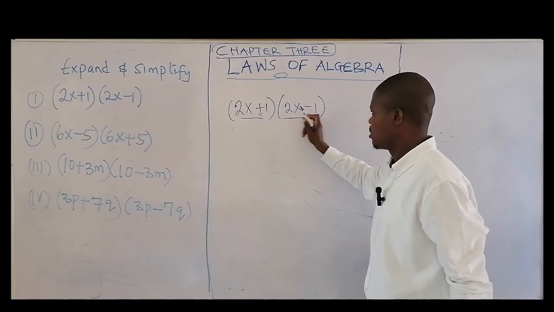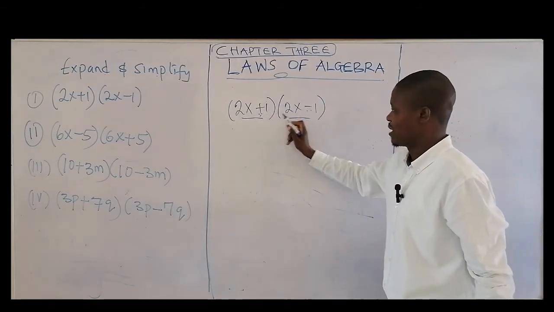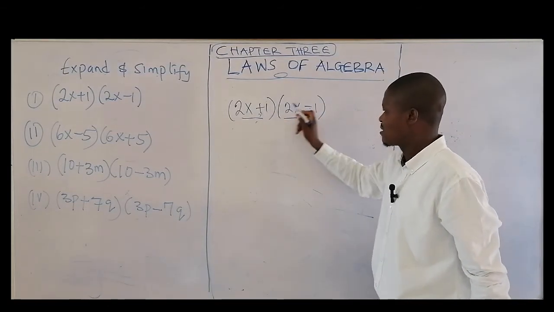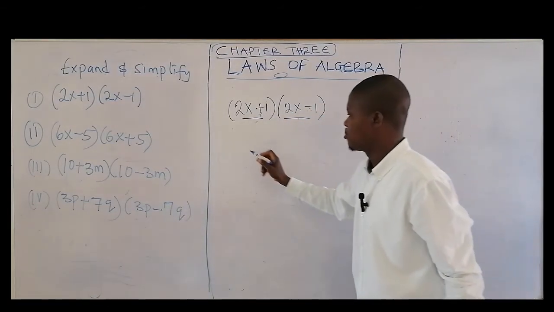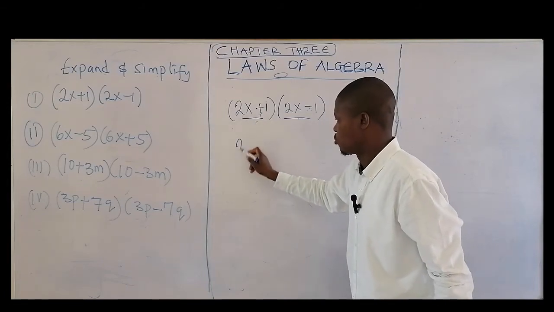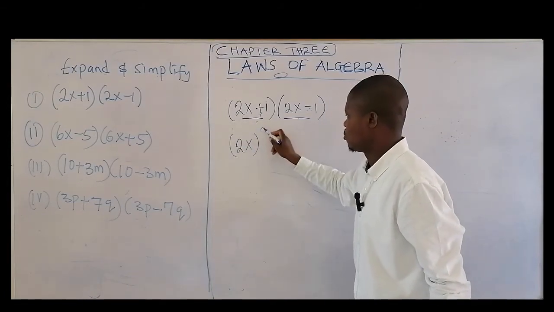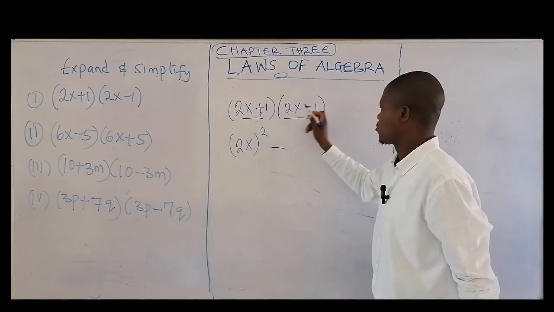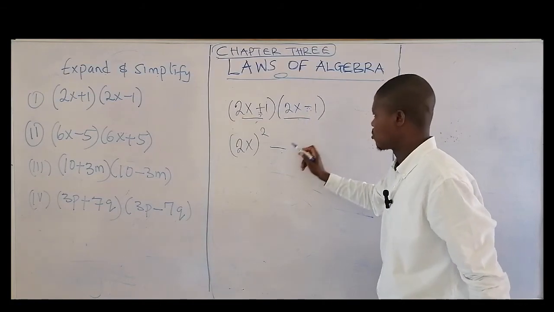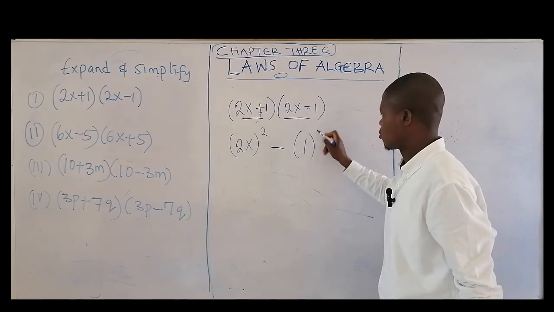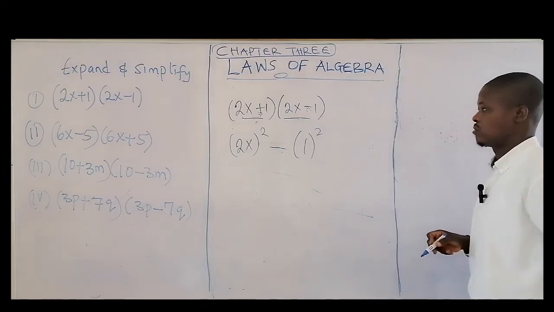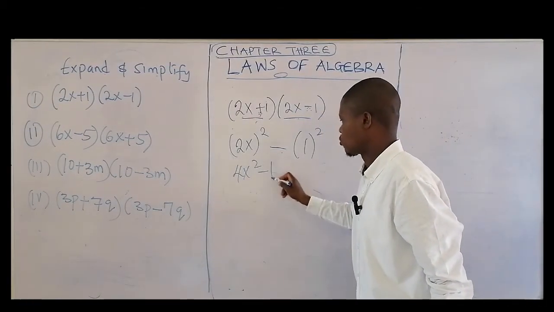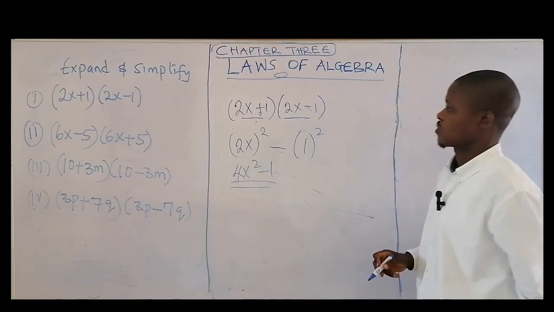So when you have the same expression but alternating sign, what do you do? Very simple. It will be 2x, the first item, you square it. Then it must be minus, plus times minus, that's minus. Then 1 also squared. And that will be equal to 4x squared minus 1. And that finished that.